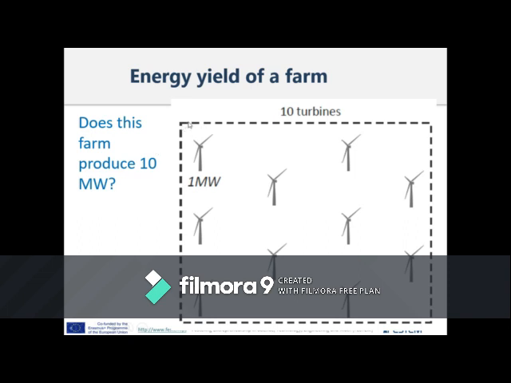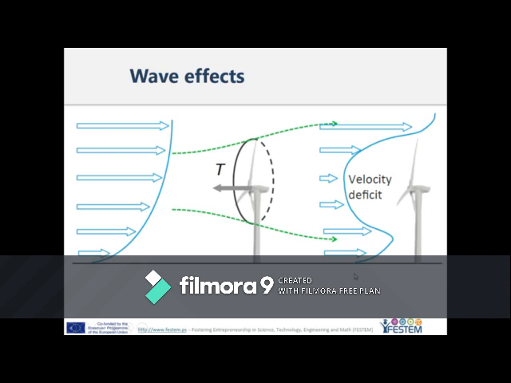Usually, when you talk about wind turbines, you talk about a wind turbine farm. Does this farm produce 10 megawatts? We need to know how these wind turbines affect each other, because usually the velocity of the wind is slowed when it goes from one turbine to the other if they are in line with each other.